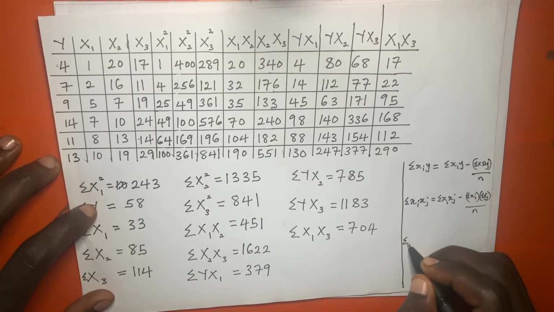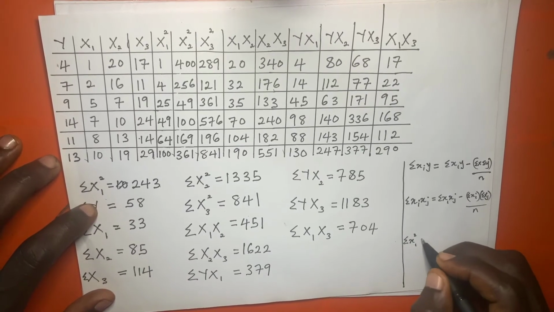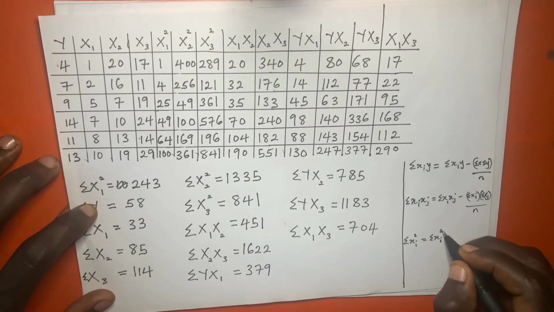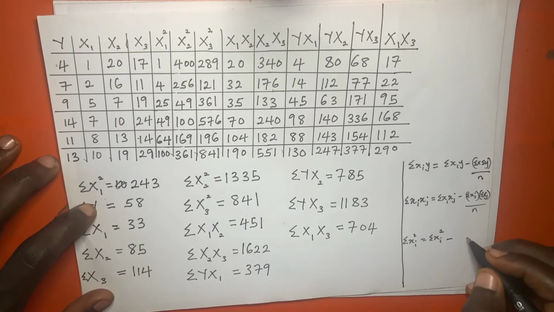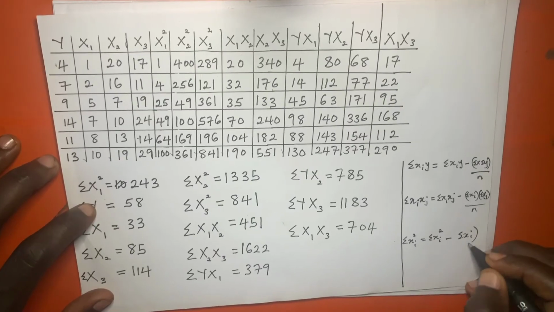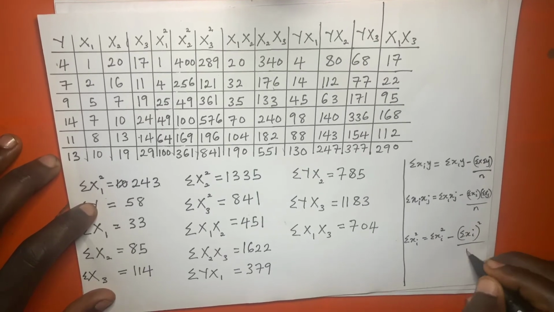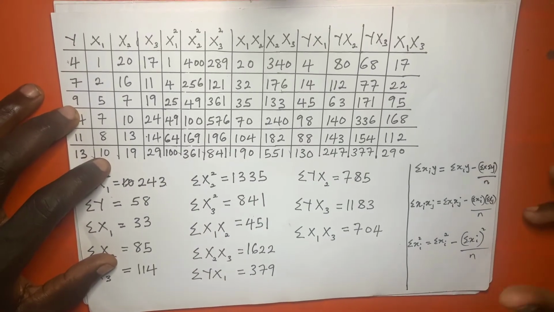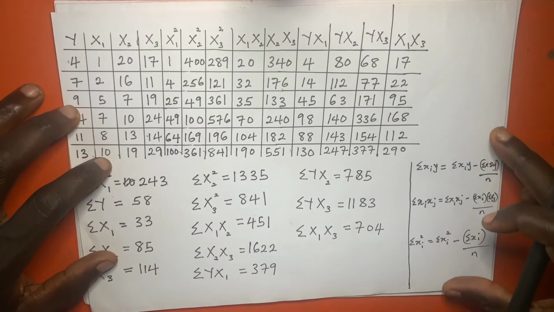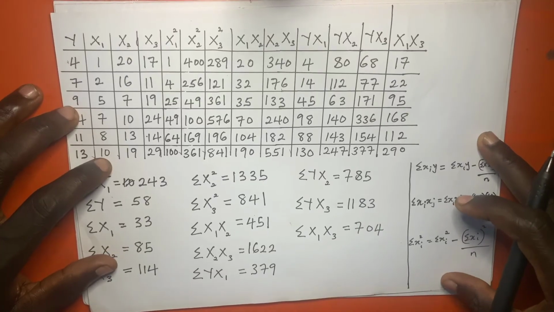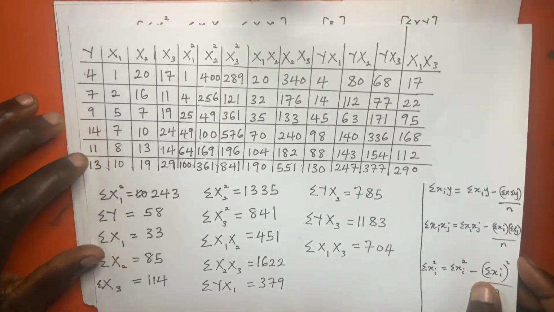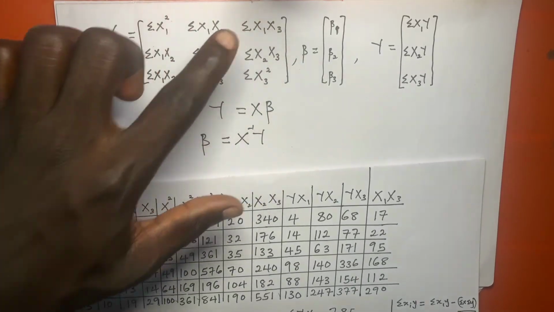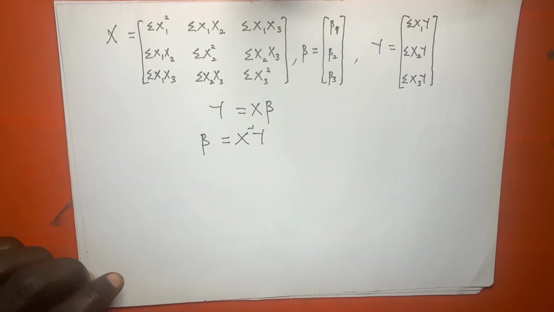Then we have a summation xi square. This is going to give us summation xi square minus summation xi all square divided by n. So this is a formula. Don't worry, I'm going to write it in the next page. This is a formula we are going to use to get exactly all this value in these matrices that we needed here. All right, so we'll move on from here.